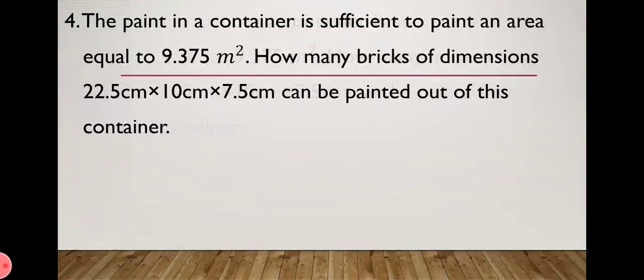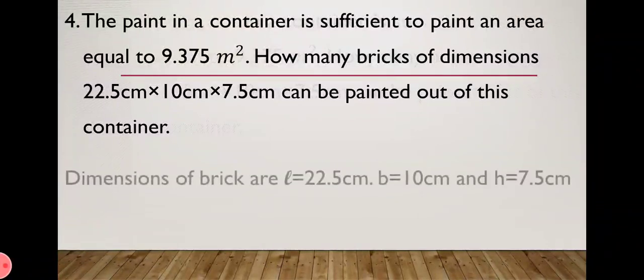Here it is given that a container has paint sufficient to paint an area equal to 9.375 meter square, and the dimension of one brick is given as 22.5 centimeter into 10 centimeter into 7.5 centimeter, that is length, breadth and height. Now we have to find how many such bricks can be painted from the given paint.